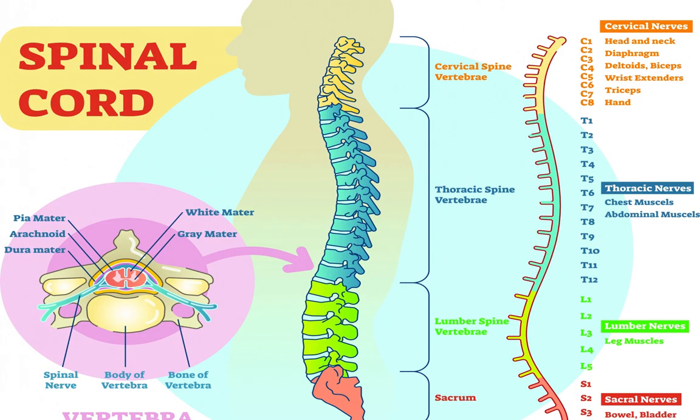Okay, so here's a picture. So we can see where our nerves are going to innervate specific organs or parts of the body. So C2, diaphragm, right? C1, head and neck. C3, C4, and C5 are going to be around the shoulders and the arms.